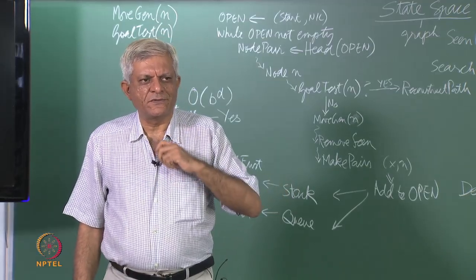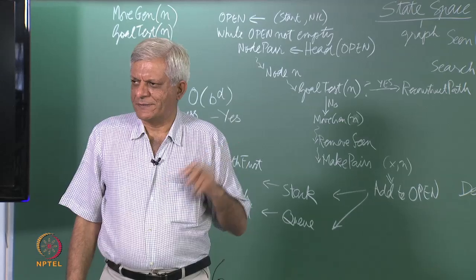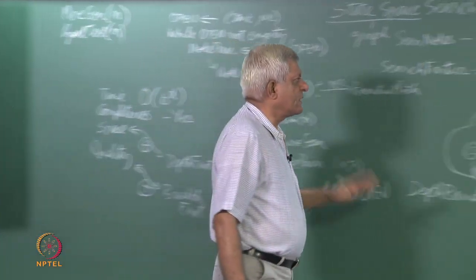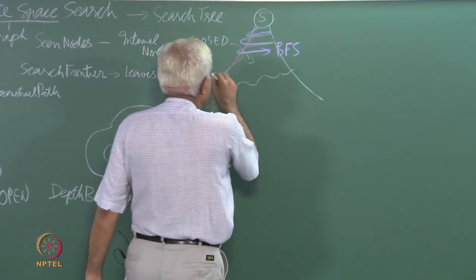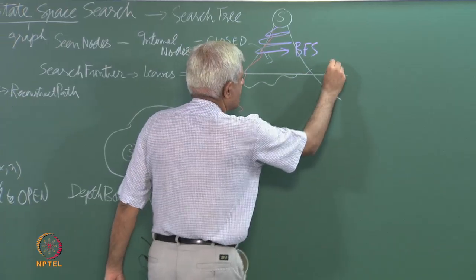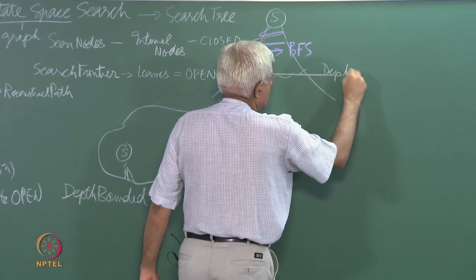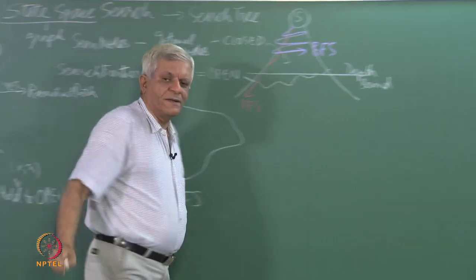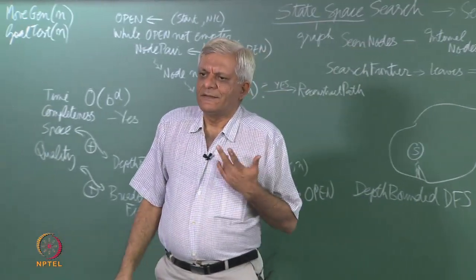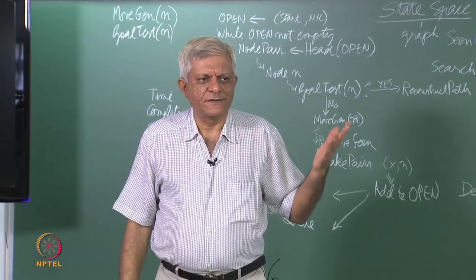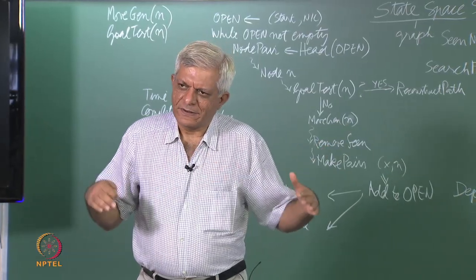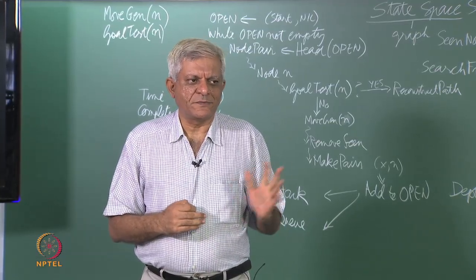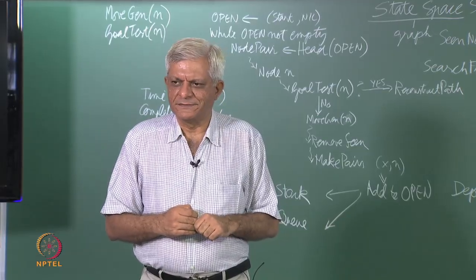Do not go more than 20 steps, or more than 40 steps, or whatever, some depth bound we have put. So, what have we done? We have cut off the search tree at some level, and we have said do depth first search on this truncated search space. What are the characteristics of this algorithm, depth bounded depth first search?